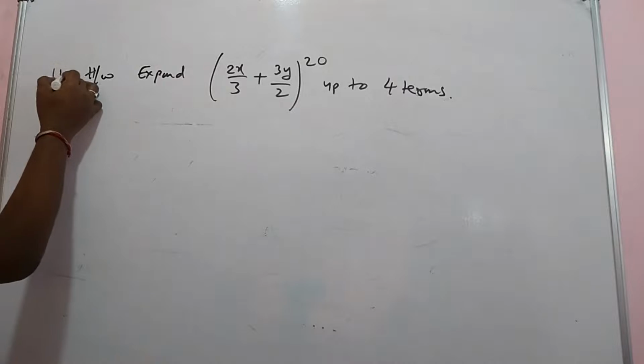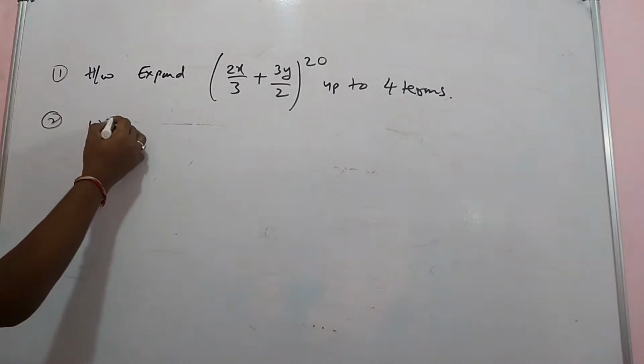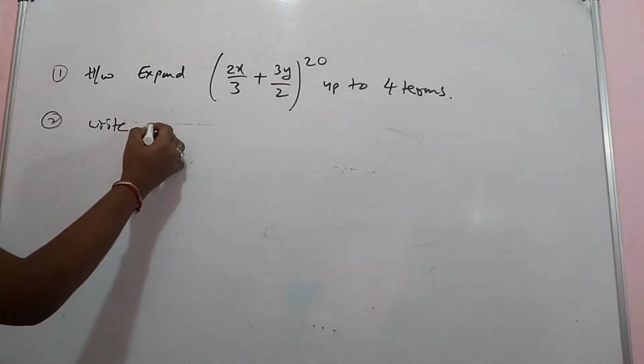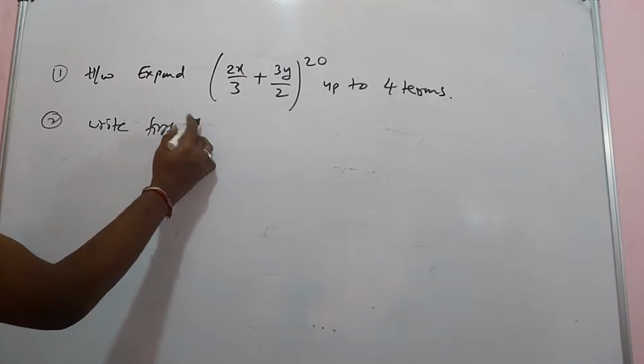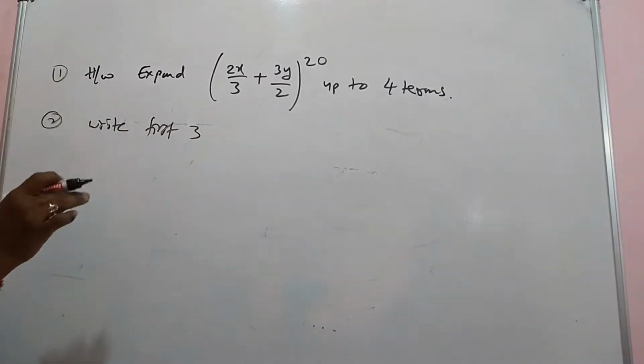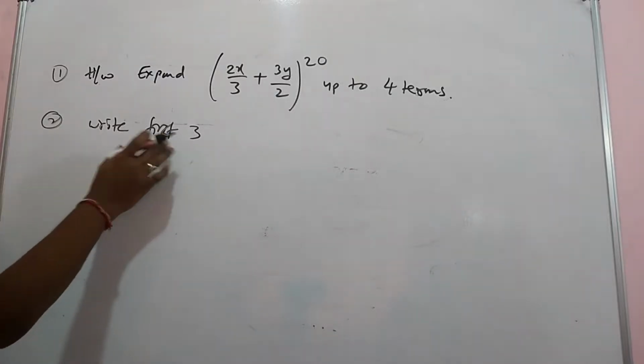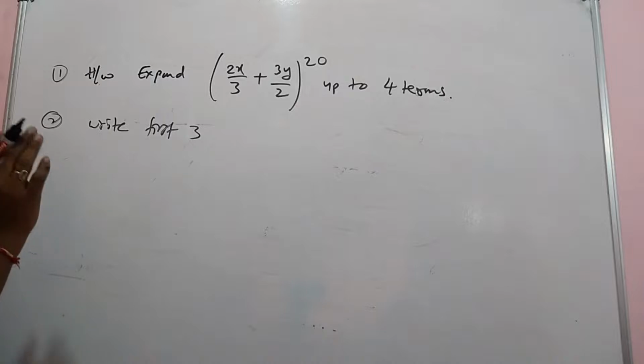The second question is also homework. Write the first 3 terms, because this is for practice. See here, one more thing. This chapter you can do from NCERT also, because some of the questions in NCERT on this topic are important, like complex numbers.